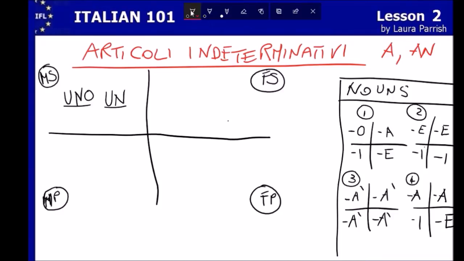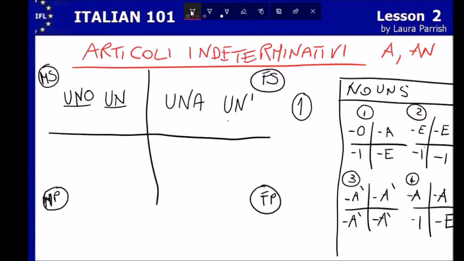Then feminine singular, we have una and un apostrophe. Masculine plural and feminine plural: the plural doesn't exist. Why? Because by definition, uno represents the number one, so there is no plural.